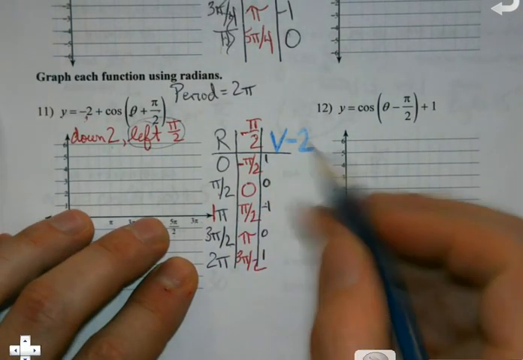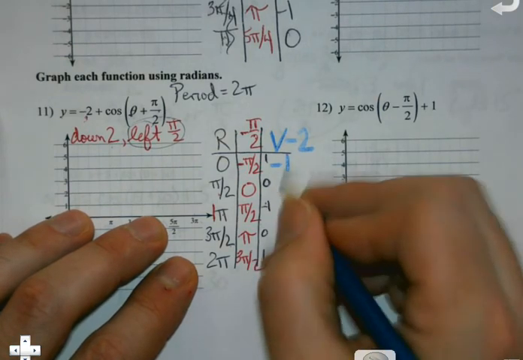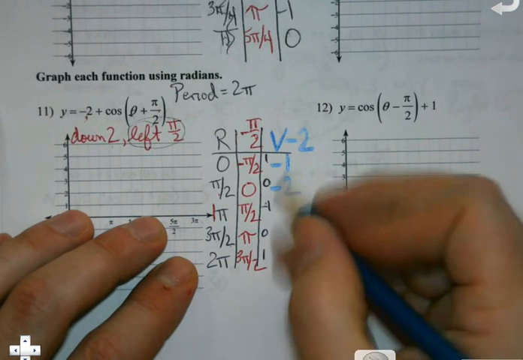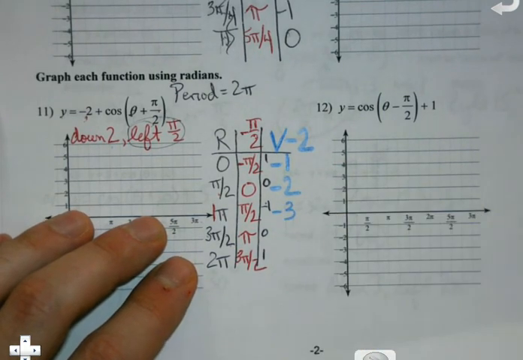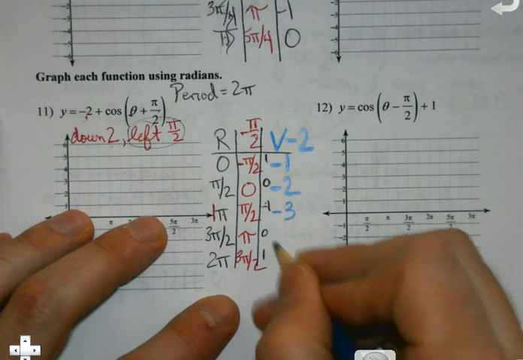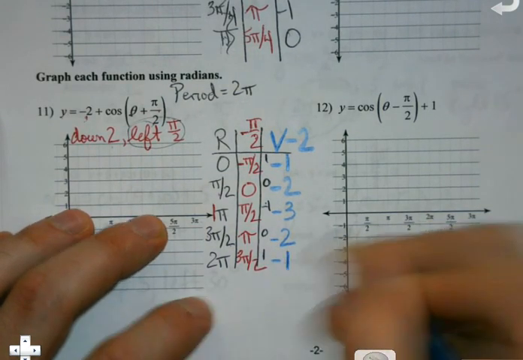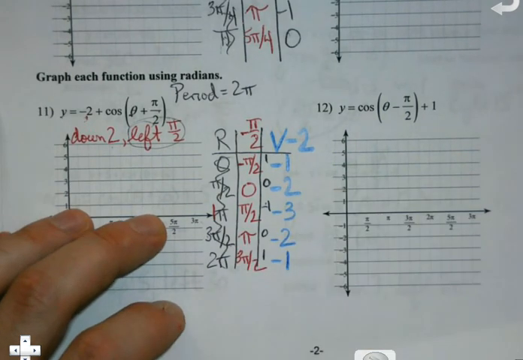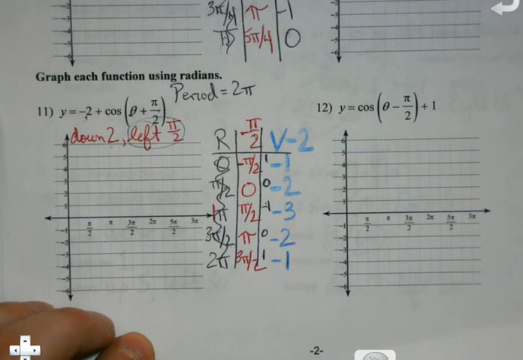So 1 minus 2 is negative 1. 0 minus 2 is negative 2. Negative 1 minus 2 is negative 3. 0 minus 2, we start heading back up. And 1 minus 2 is negative 1. So those would be my values that I was going to plot.